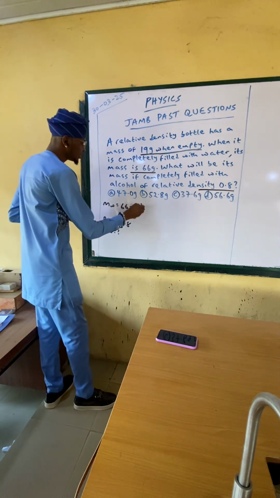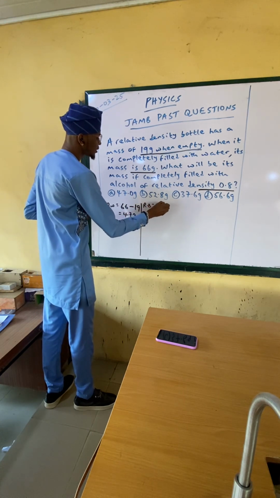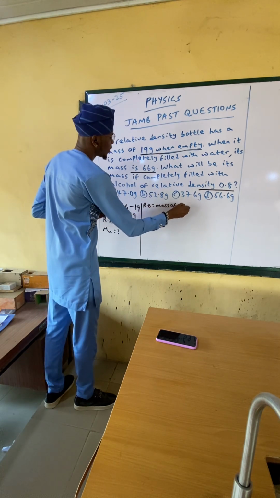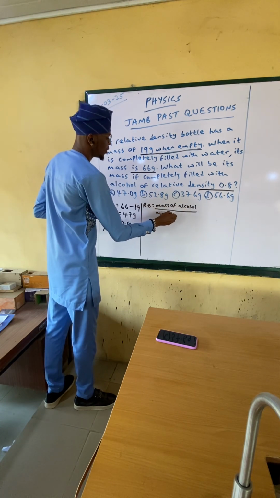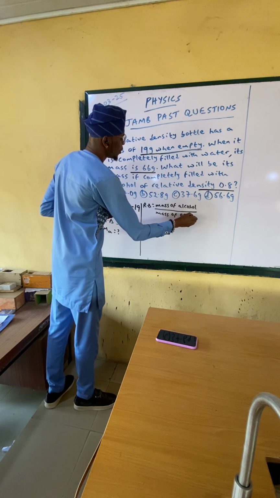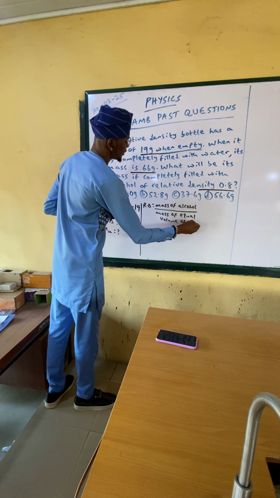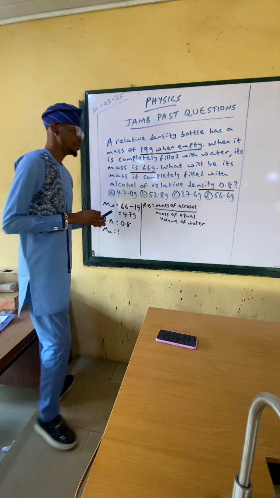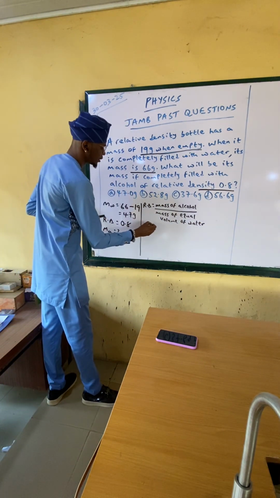Now, to determine that, relative density is the mass of alcohol over the mass of an equal volume of water. Don't forget, our relative density is 0.8.